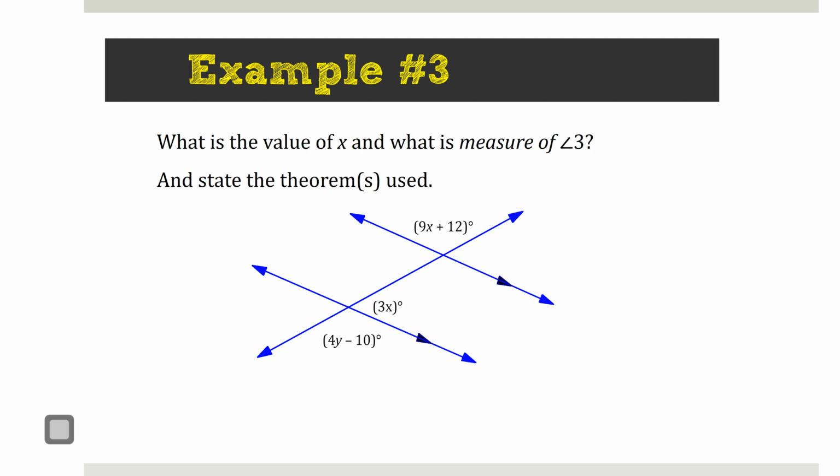Okay, so now I introduced another variable. This one's a little sneakier because one of the things I've said is keep the same variables together. So I'd like to work with just the x's. The problem is, if I look at that and that, what pair of angles are those?